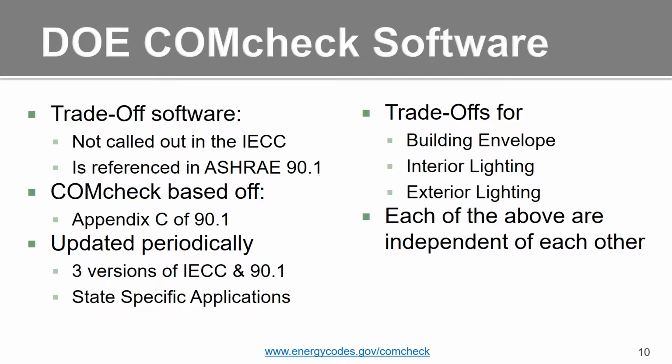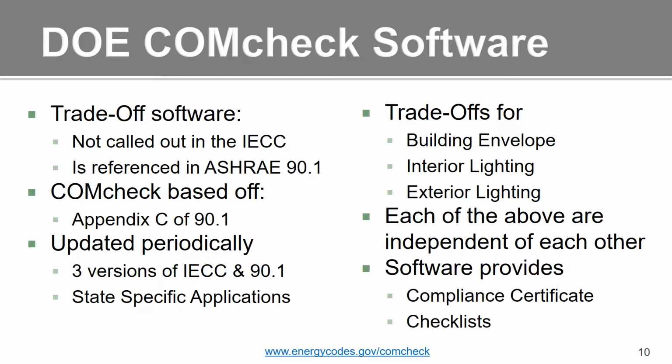So this would allow you to trade off the whole package deal for the building envelope, lighting, and mechanical. But for the trade-off approach, the simplified approach, each of these is in its own silo. And we'll hone in on the building envelope.